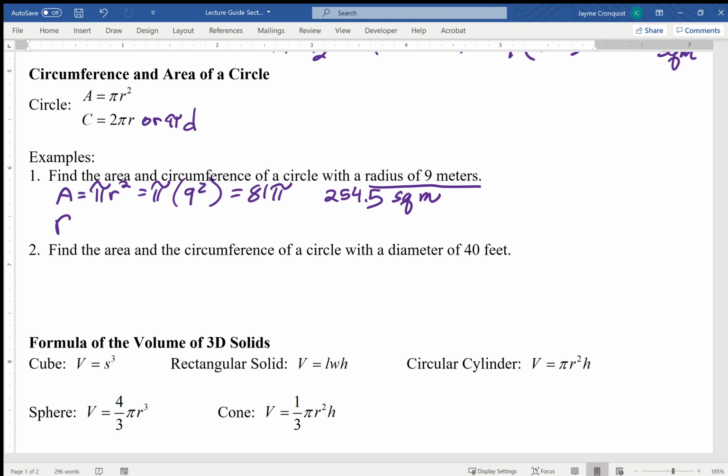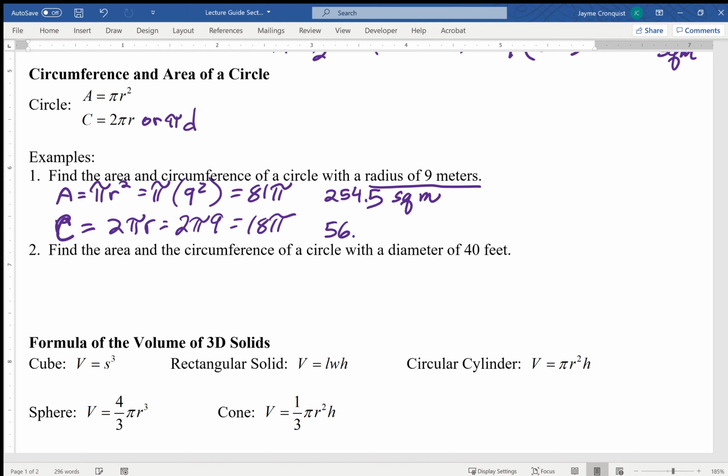Okay, and our perimeter, which is our circumference, is 2 pi r, which is 2 times pi times 9, or 18 pi. Now when I teach trig, I prefer it to be left as 18 pi because that's exact.